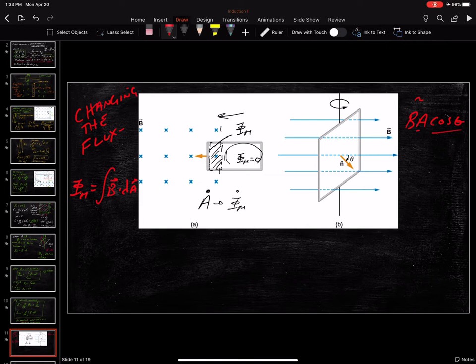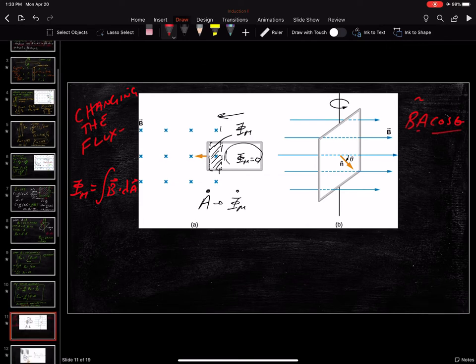Suppose that you take a coil of wire and you spin it in the presence of a magnetic field. Well, in that case, this theta keeps changing, so the flux keeps changing as well. In particular, suppose you rotate this thing around at some constant rate, say omega, where omega is a constant.